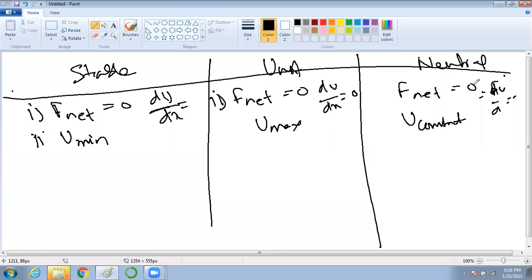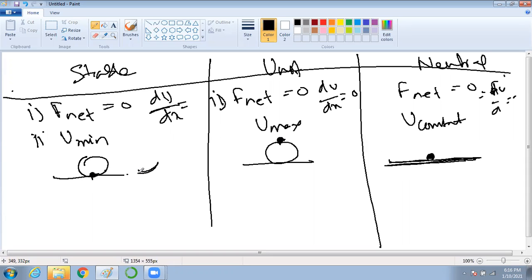So if I draw a graph, it will be like this. The body is here. Now keep the body here, and now keep the body here. So here it is stable, here it is unstable, here it is constant. Why? Because see, if I displace this, it will go up and come back. If I displace this, it will fall down.